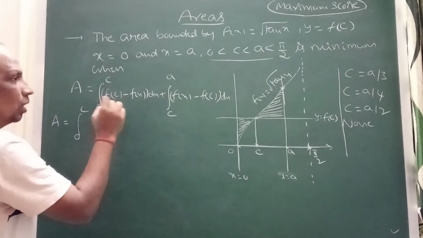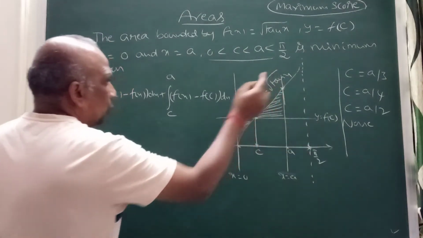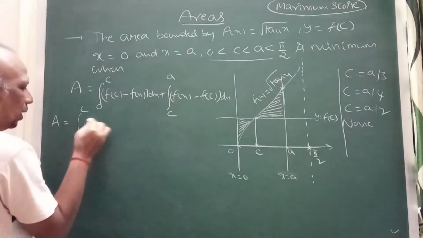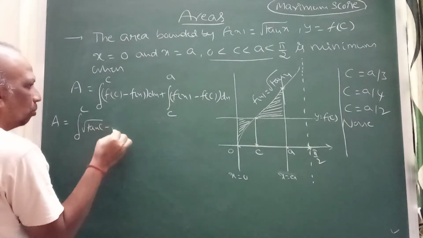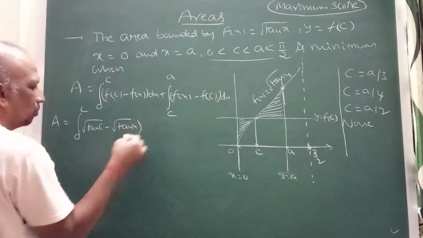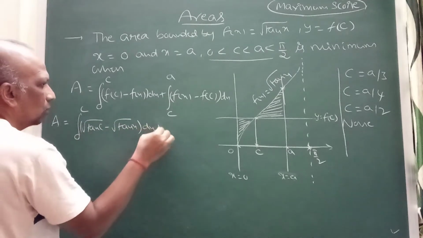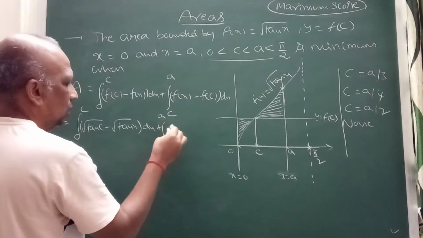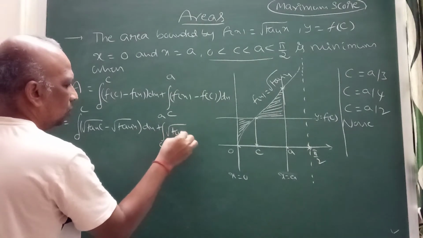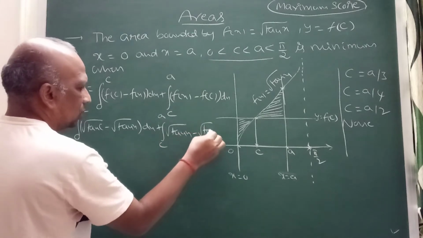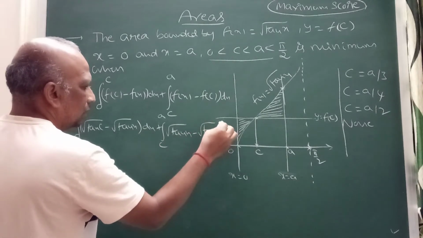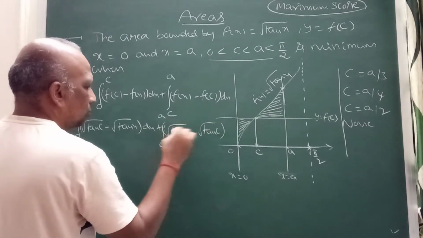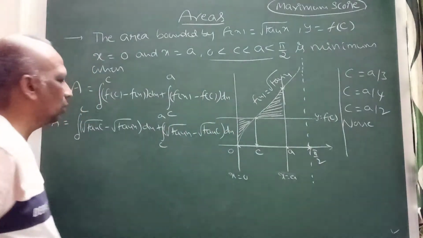What is f of c? f of c means root tan c. This is root tan c minus root tan x dx, plus the integral from c to a of root tan x minus root tan c dx, right? It will come like this.